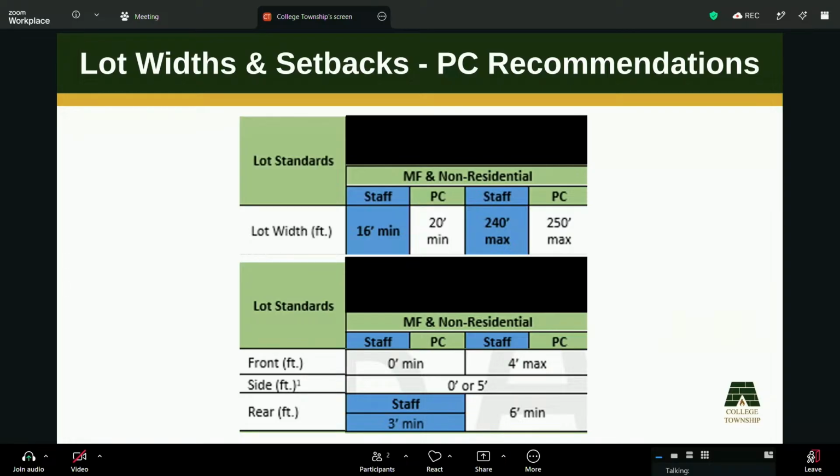A lot of the staff recommendations you'll see are tied back to what DPZ recommended for this district in particular. So in this case, DPZ recommended a little less, for context. Even though most of their other recommendations had to do with density. Here they favored context over density.